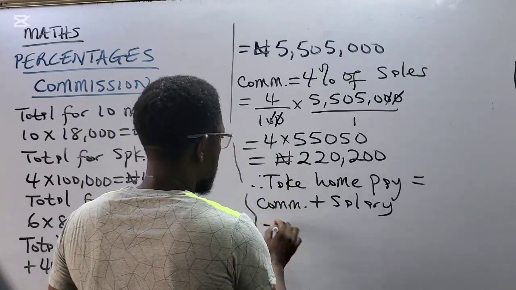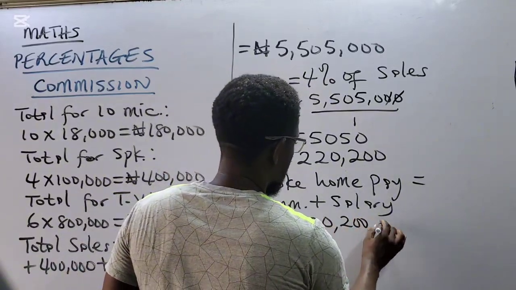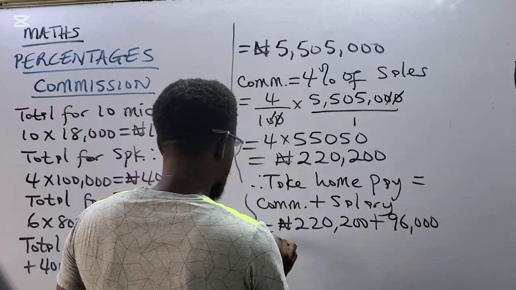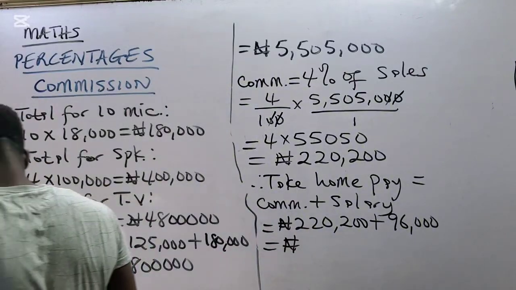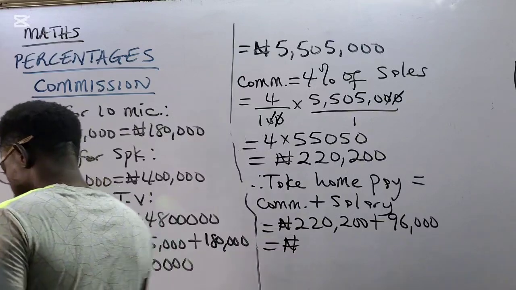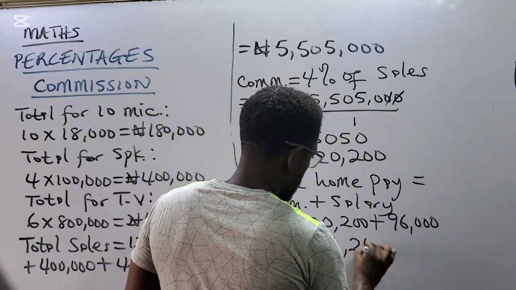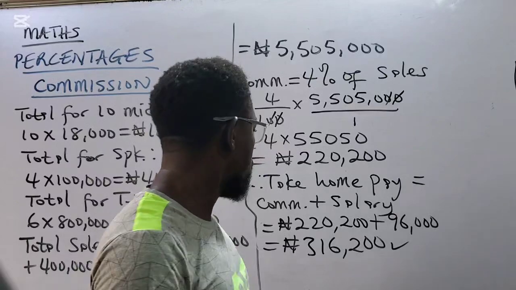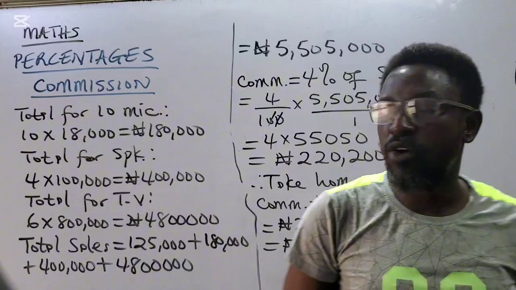That will be 220,200 plus 96,000. So the take-home pay becomes 316,200.